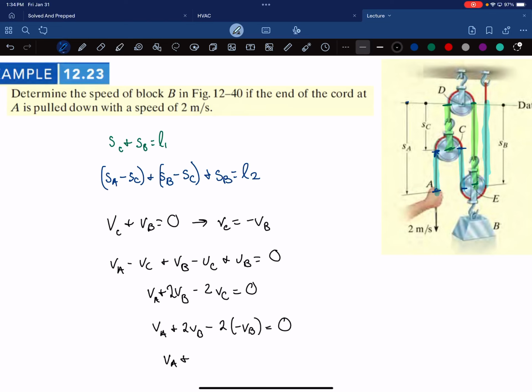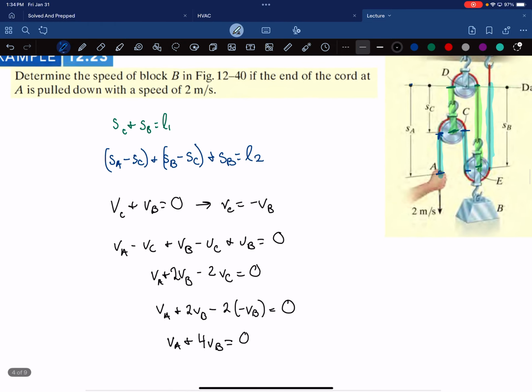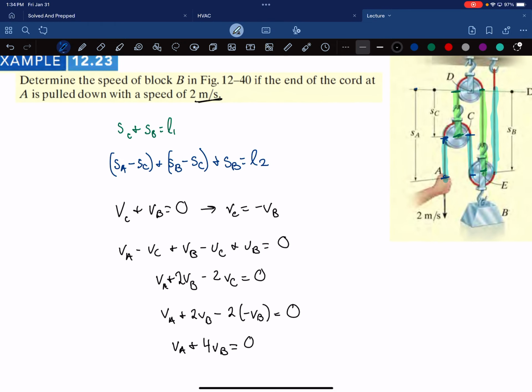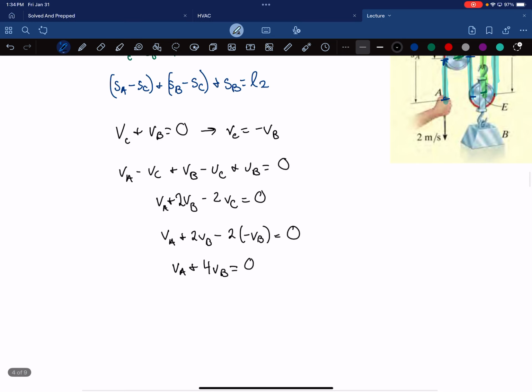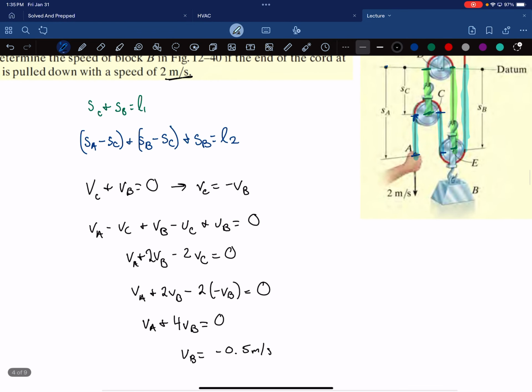VA plus 4 VB equals 0. And then if we plug in 2 meters per second as the speed of VA, we get that VB is equal to negative 0.5 meters per second, and it's negative because we're assuming that down is positive for this one.